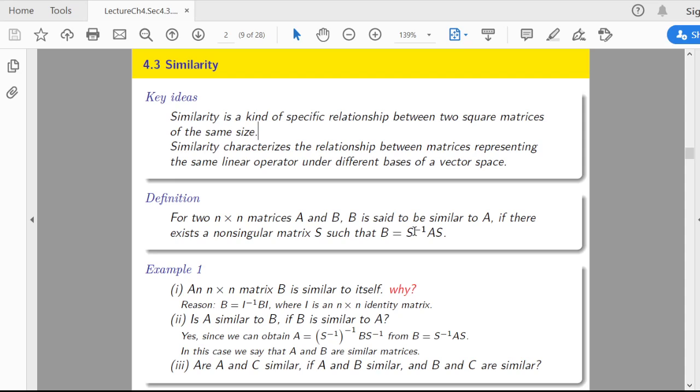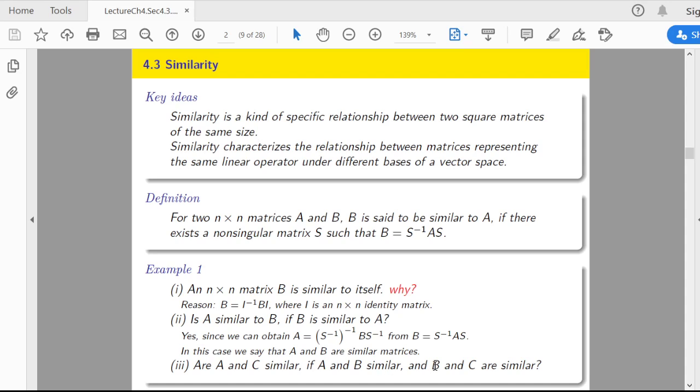Here is the third question. Let's say A and B are similar, and B and C are similar. The question is, are A and C similar? The answer is yes. How to do that? For that, we can write down A equal to a non-singular matrix inverse, times B times the matrix.